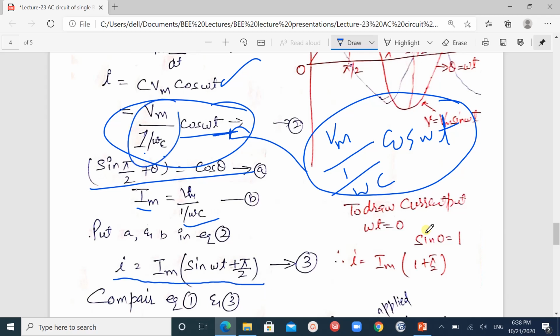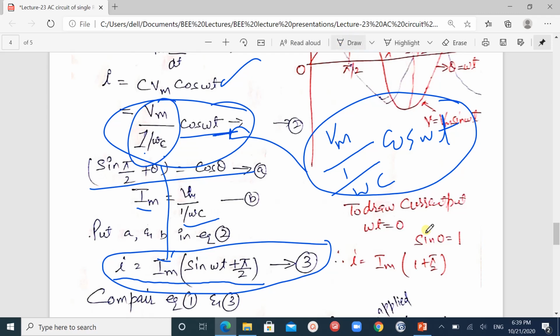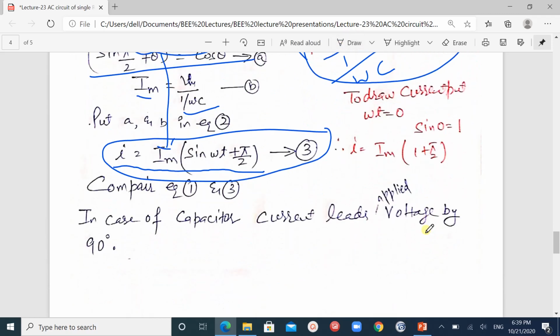Im replaces this value, and sin omega t plus pi by 2 replaces cos. When we compare this third equation and the first equation, in which V is equal to Vm sin omega t, it is seen that the capacitor's current leads the applied voltage by 90 degrees.